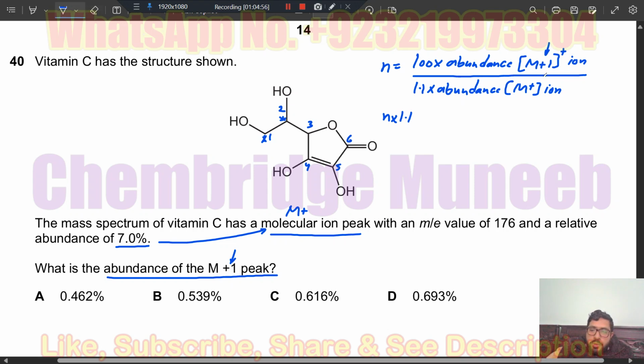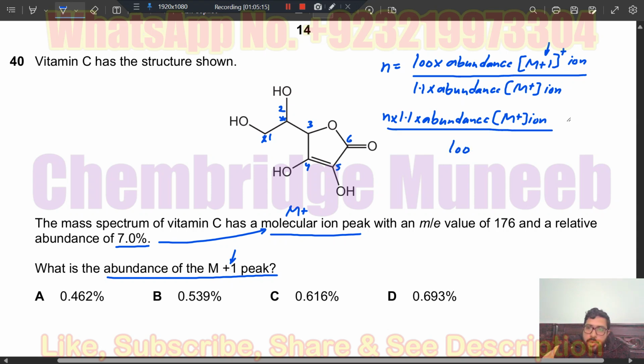So n into 1.1 into the abundance of the M+ ion, divided by 100, will be equal to the abundance of the M+1 ion. This is what we have to calculate.